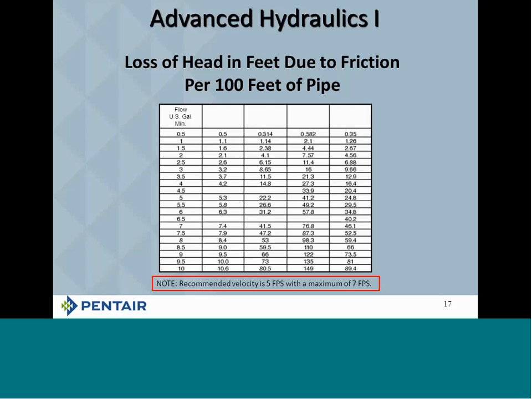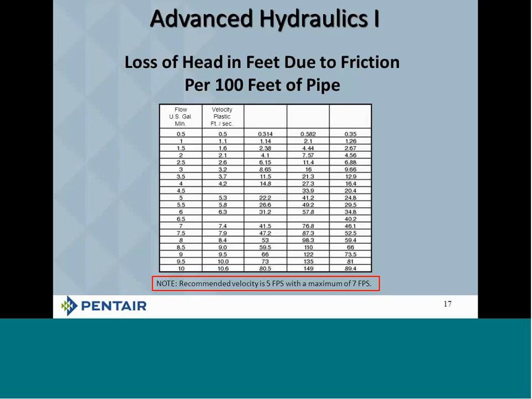Okay? All of those 7 pipe sizes have 5 columns in them, and that first column says flow in U.S. gallons per minute. The second column is just a little bit misleading because it says velocity, plastic, feet per second.